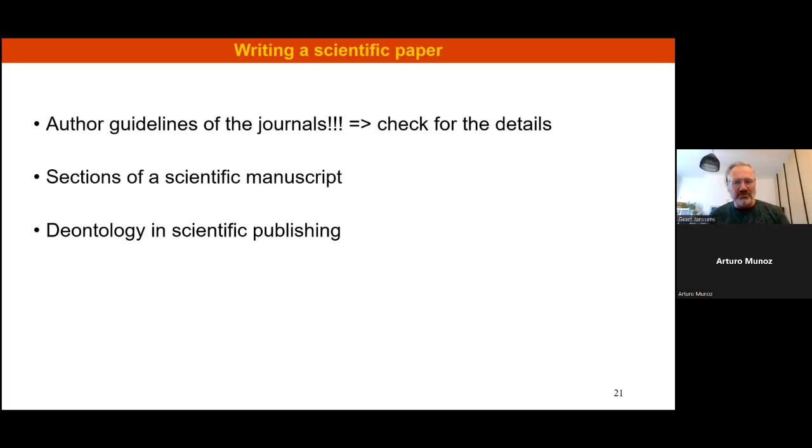It's very important to check that in every detail, because you can annoy a reviewer or an editor when you are not conforming to those journal guidelines. And some editors will just reject your paper without even having read it. So then we come to the sections of the scientific manuscript and something about the ethics or the deontology.